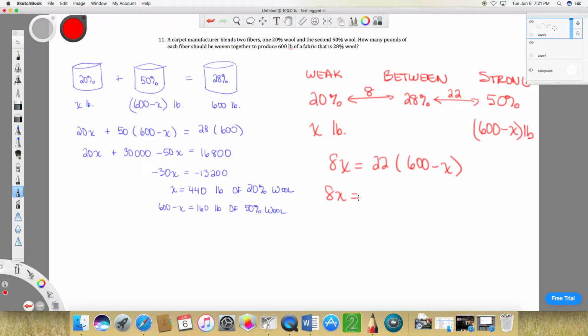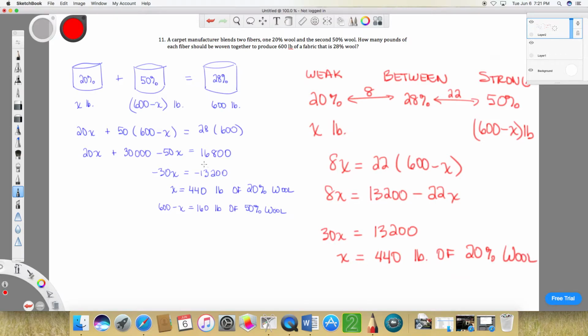If I distribute the 22 to both terms, 13,200 minus 22x. If I add 22x to each side, I get 30x equals 13,200. If I divide both sides by 30, I get 440, and this was pounds of the 20% wool fiber.